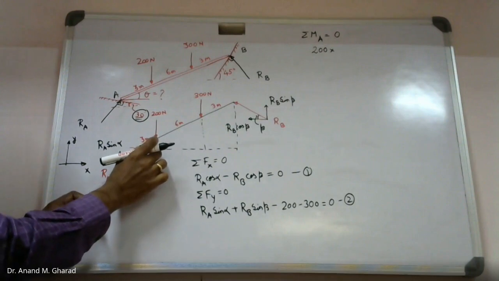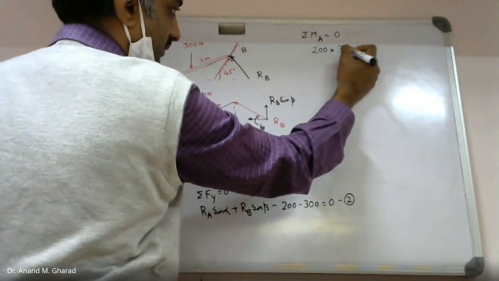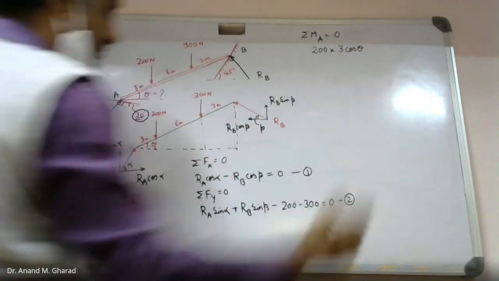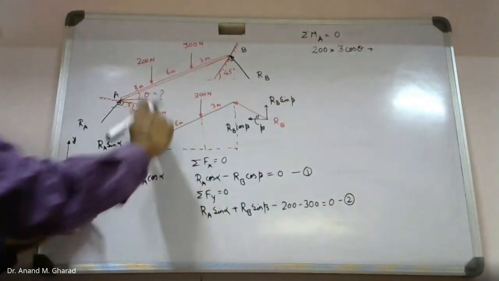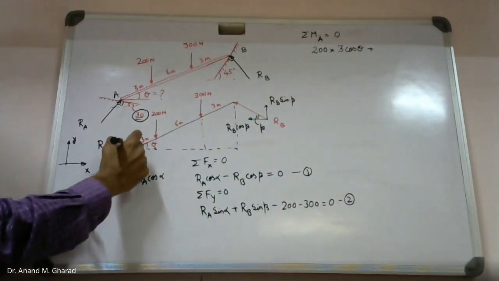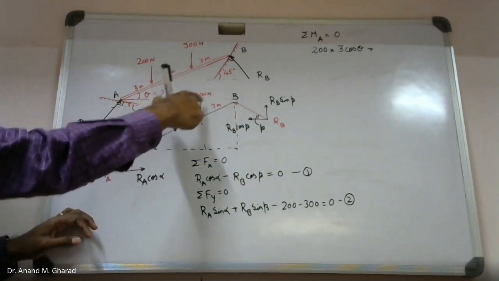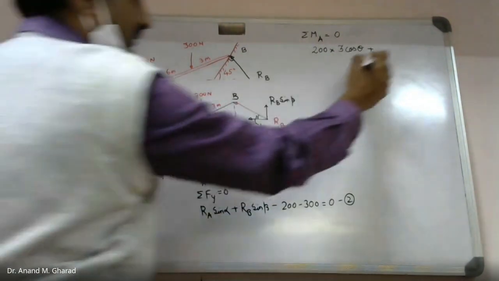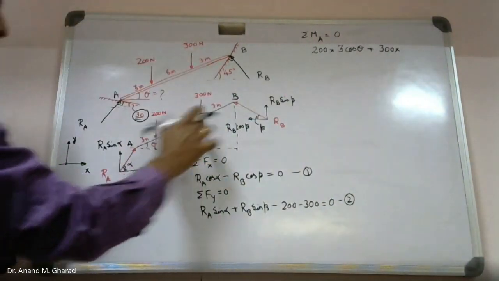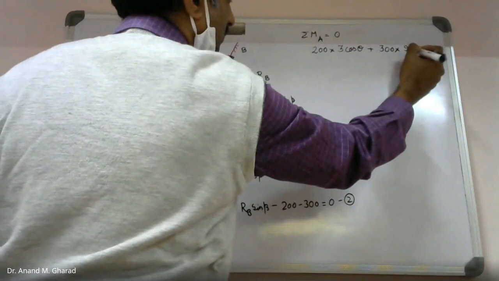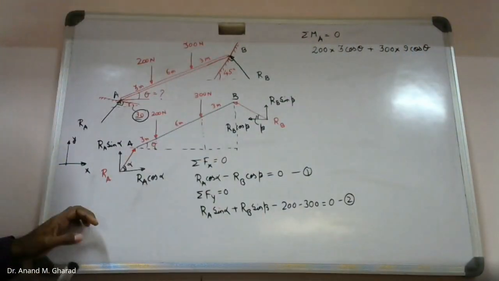So this will be the perpendicular distance. As per my understanding, it will be 3 cos theta. Then this is going to rotate about the point A in the clockwise direction. Then this will be the force 300, again 300 into 9 cos theta, which will again rotate about point A in the clockwise direction.